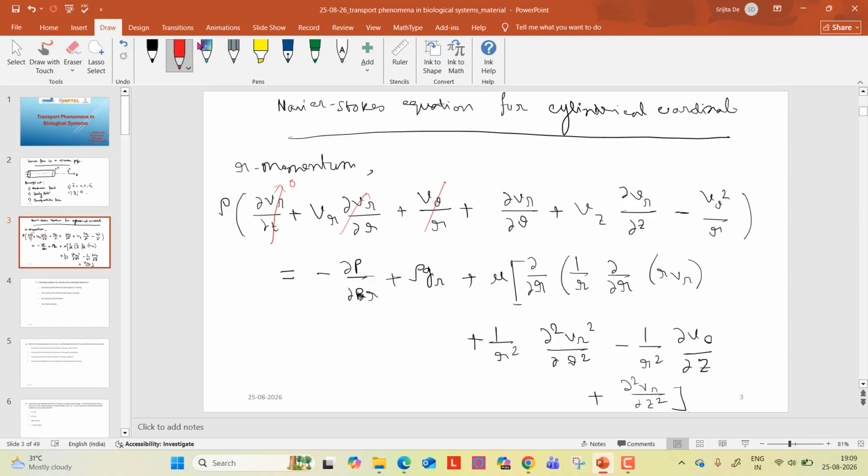V theta is also 0, so this term is gone. Gravity is not there, so that term is gone. Everything is gone. What is left is del P del r equals 0.